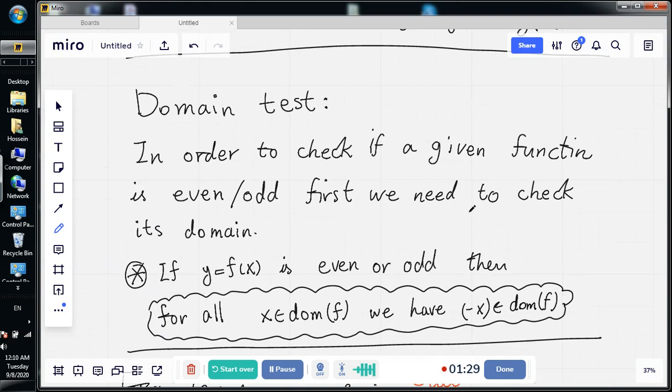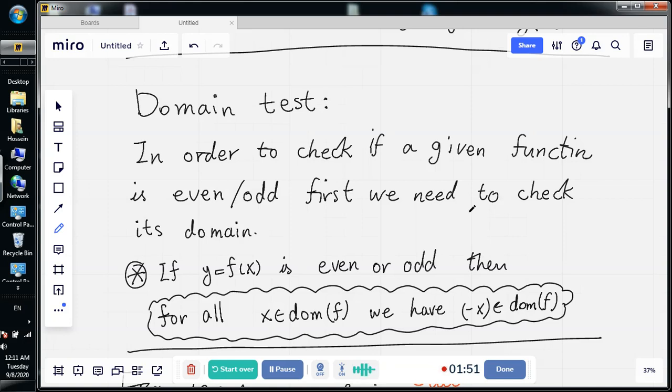Before going into more details about how to figure out if a function is even or odd, let's start with the domain of f and g when they are even or odd. The first thing that we check when a function is given is its domain.